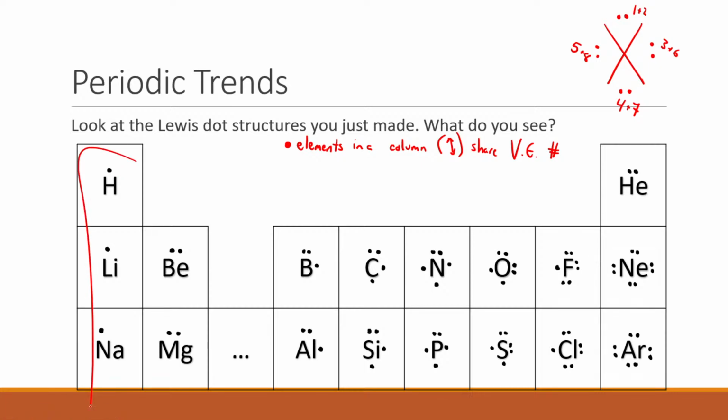Everything in the first column here has 1 valence electron, even as you look down. You go down to francium in the 7th row. Second pattern, moving left to right.